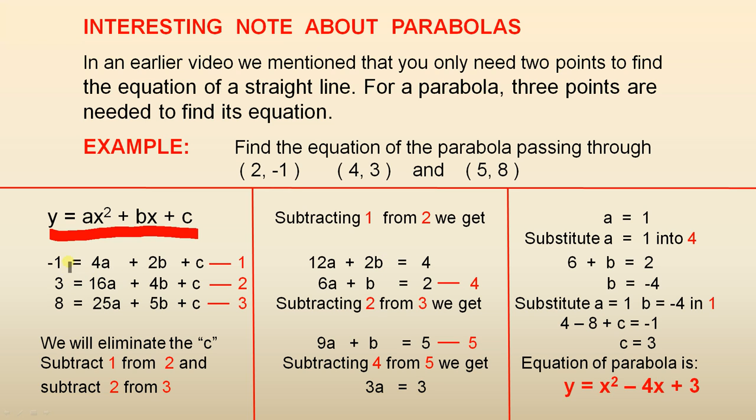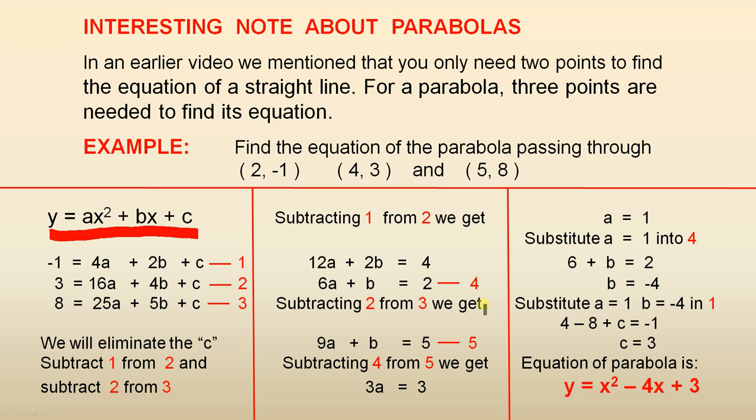And 3 minus (-1) gives us 4. So that's 12a plus 2b equals 4. If we divide both sides by 2, we get 6a plus b equals 2. We'll call that equation 4.